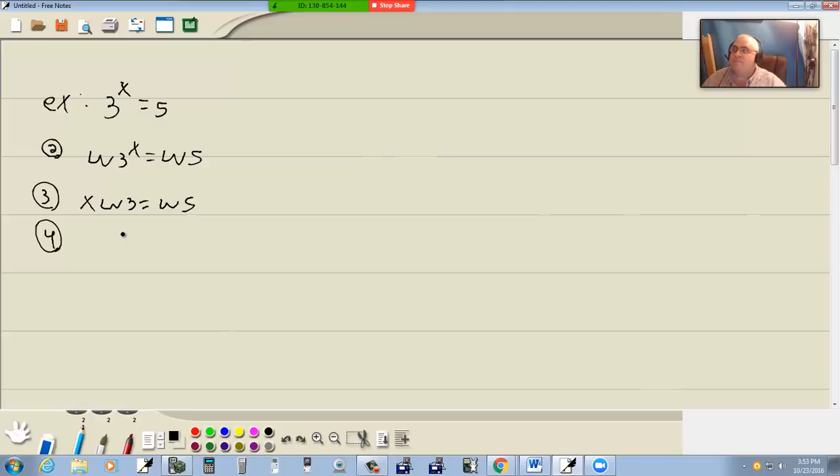Step 4, solve for x. So we're going to divide both sides by ln of 3. Those natural log of 3's cancel, and we got x is equal to natural log of 5 over natural log of 3. And you can plug that in your calculator to get the decimal approximation. That's the exact value right there.